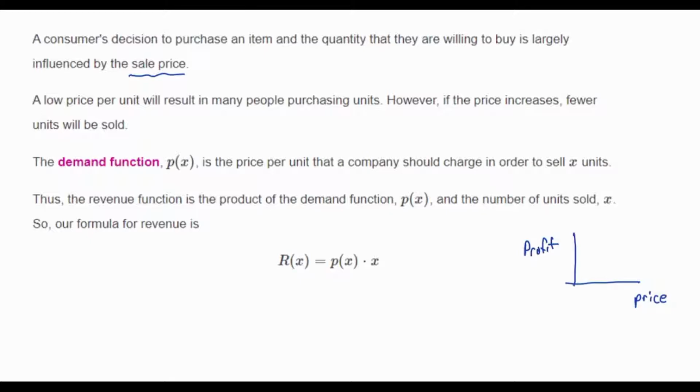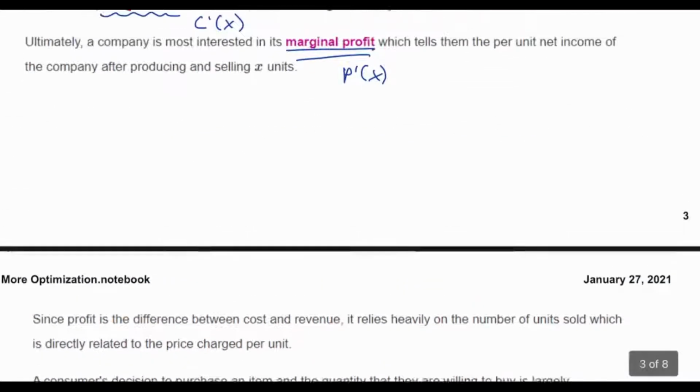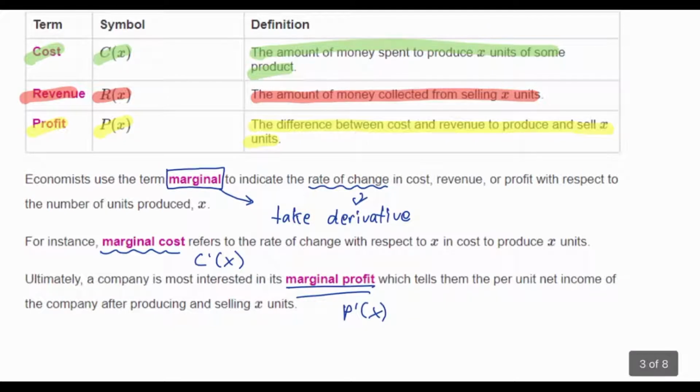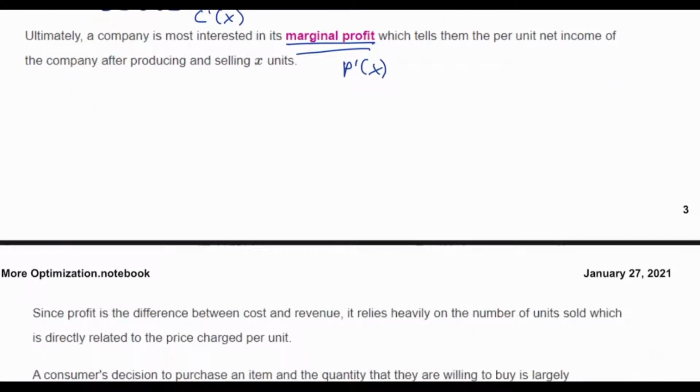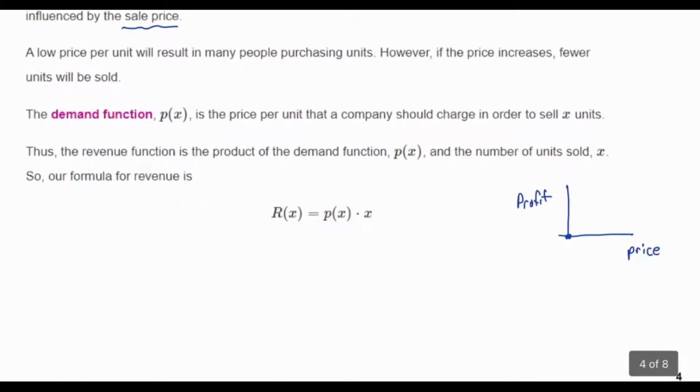Well, 0. Actually, I'll go with revenue. So how much money are we making if the price is 0? Nothing. I'm going to give away a whole bunch of units, but I'm not going to make any money.